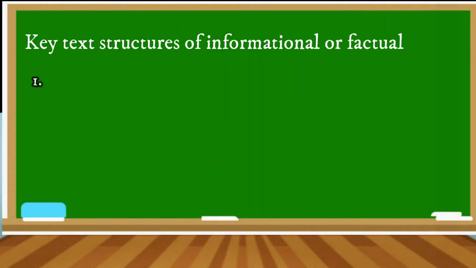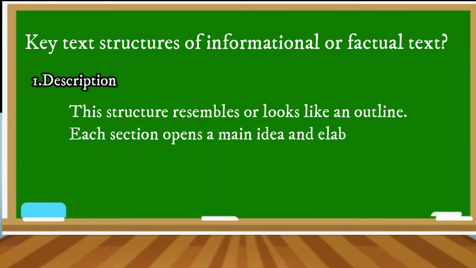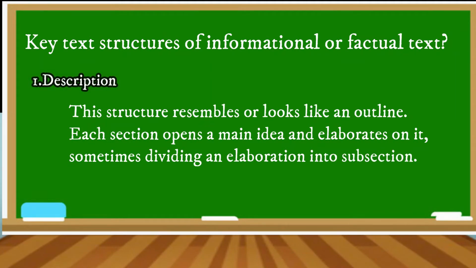Number 1, description. This structure resembles or looks like an outline. Each section opens a main idea and elaborates on it, sometimes dividing an elaboration into a subsection. These are the signal words that can be used in description.